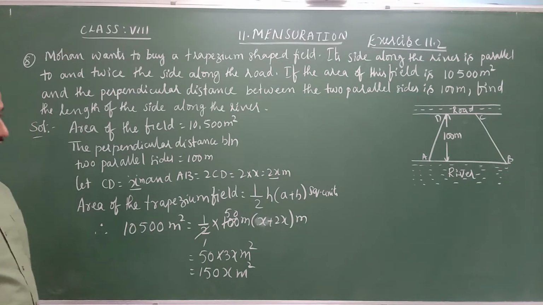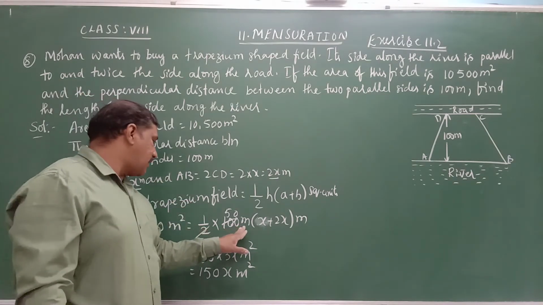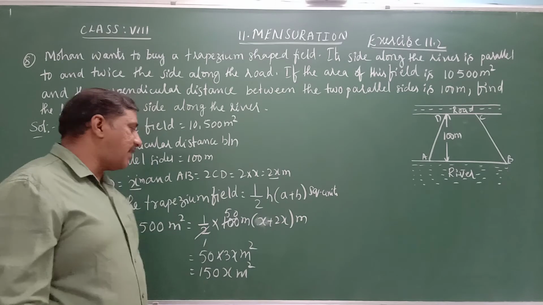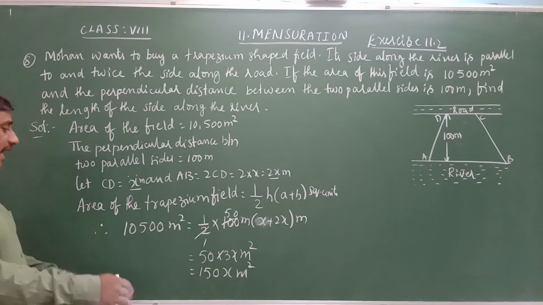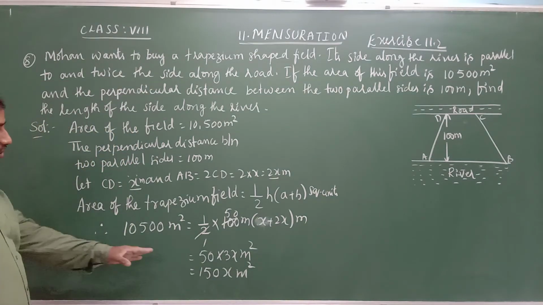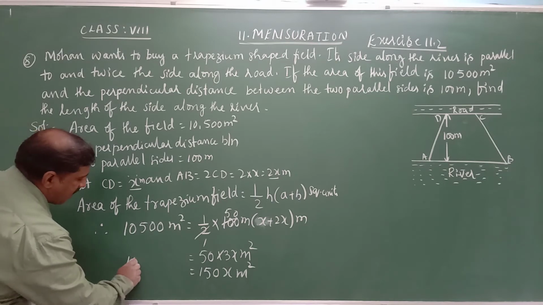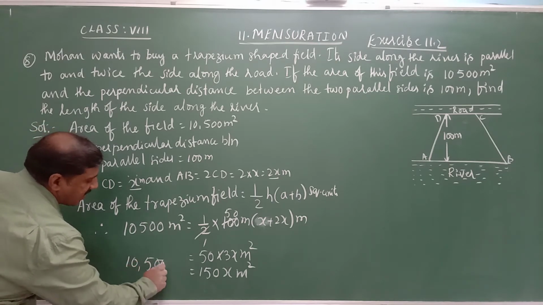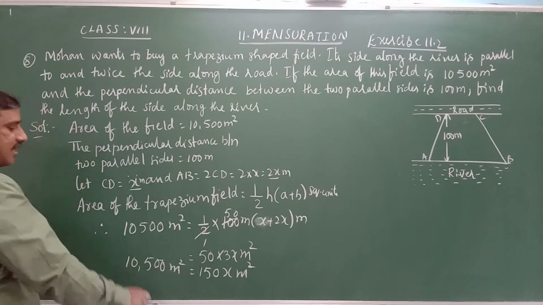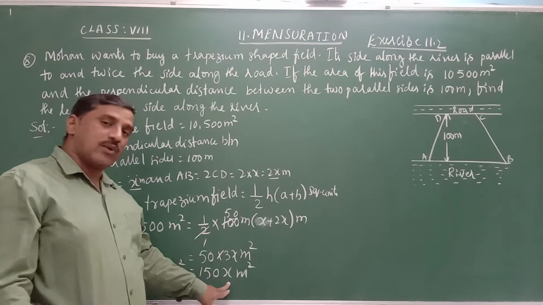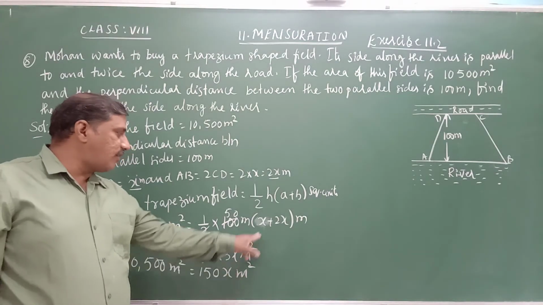So we will get meters here, and here also we will get meters. Now we have to find x. So 10,500 meters square is equal to 150 into x meter square. We don't know x.